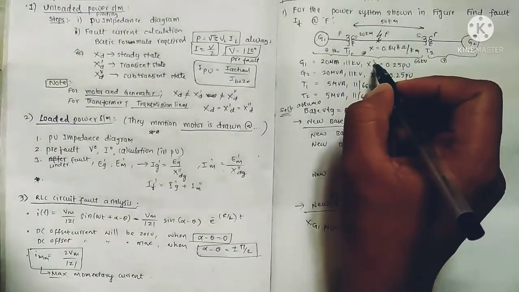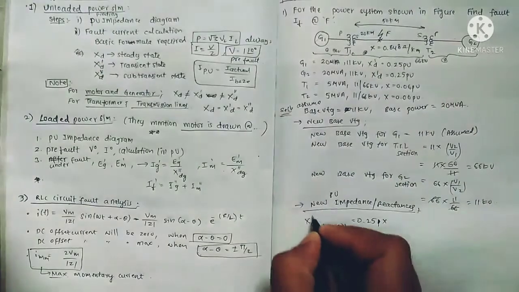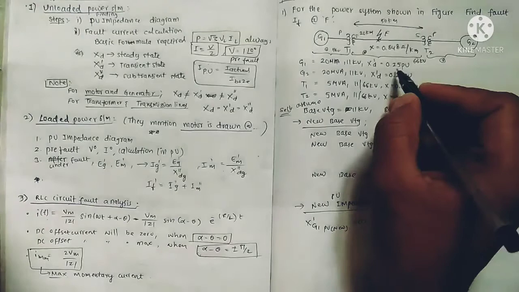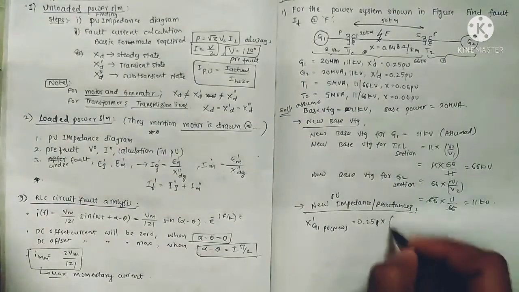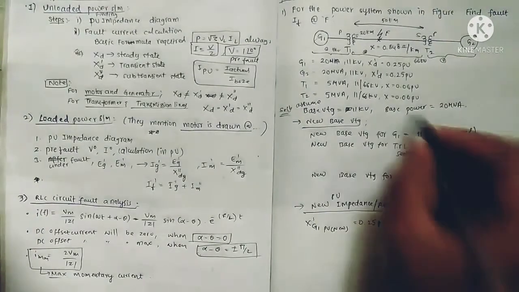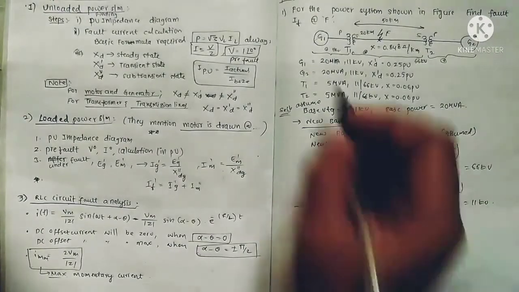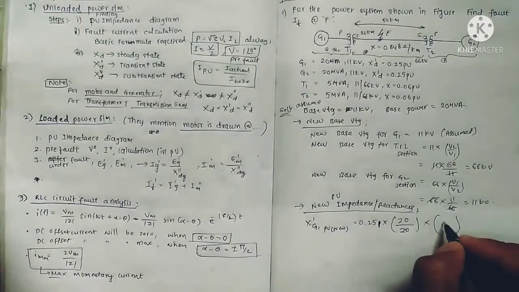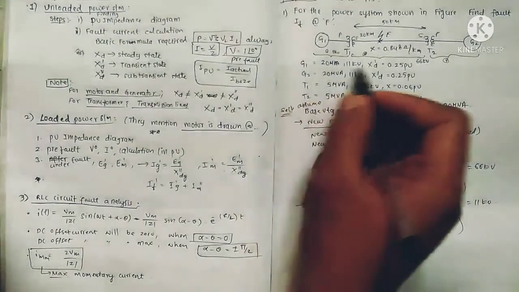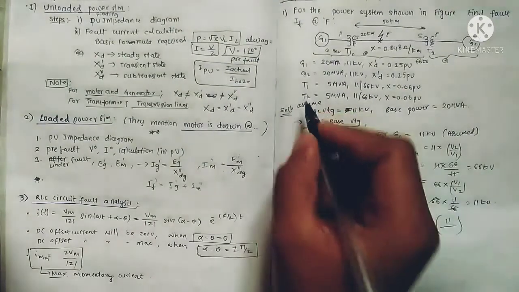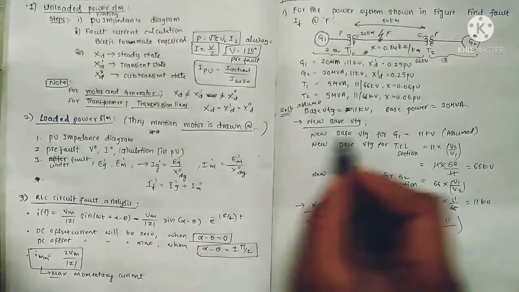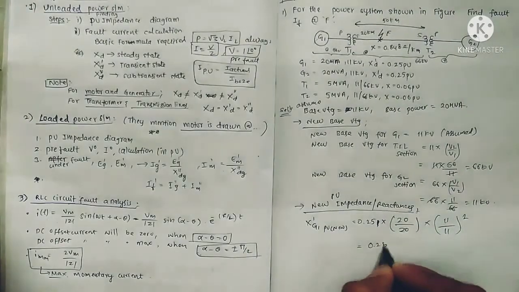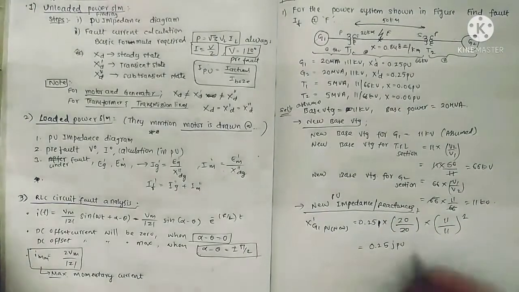Since it is transient, just mention a single dash. Old PU given as 0.25, and this is a power section, so new power divided by new base power is 20, divided by old power 20, multiplied by old voltage given in the question, 11, divided by the new voltage of the G1 section, 11, whole square. All will get cancelled. We just multiply by j into PU.